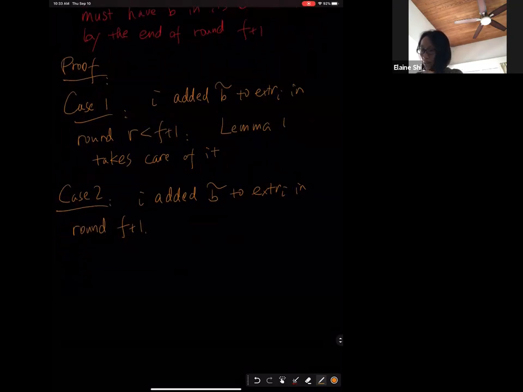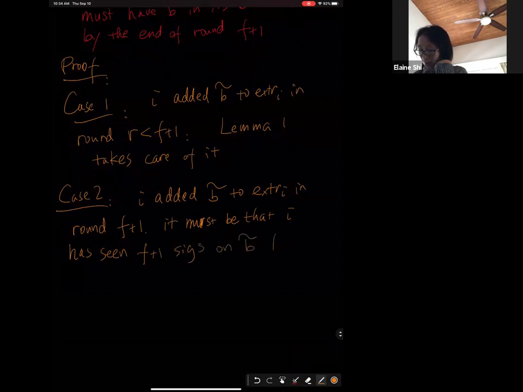So for player i to add B tilde to its extracted set in round f+1, it must be that i has seen f+1 signatures on B tilde from distinct players in round f+1.